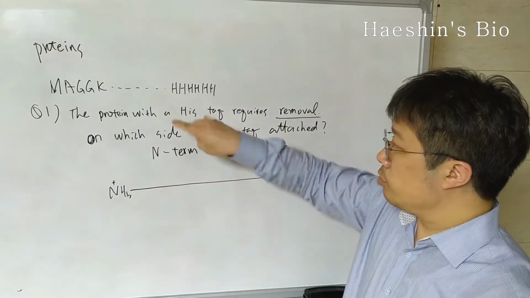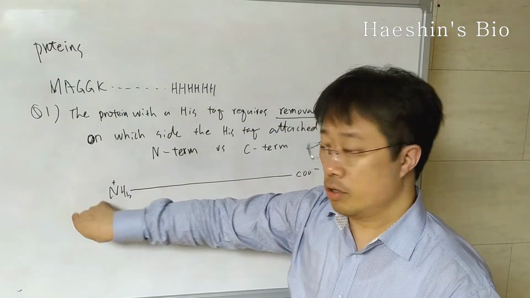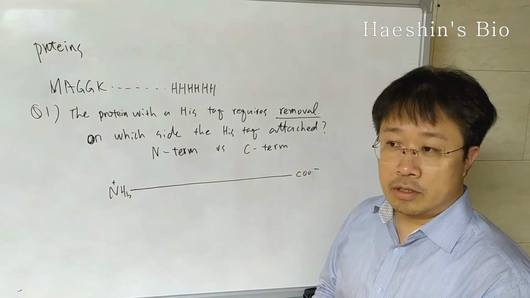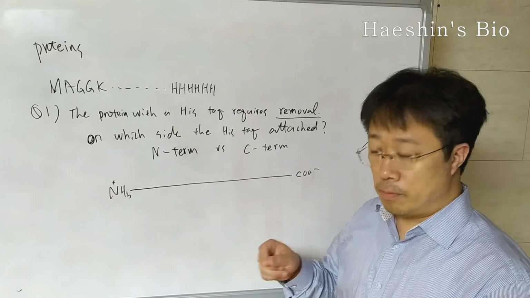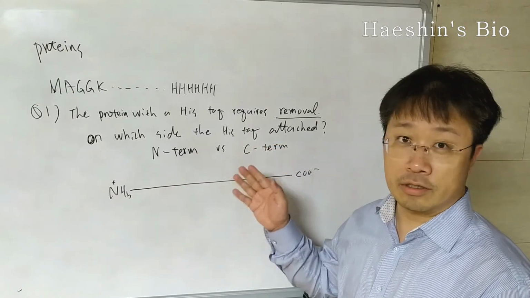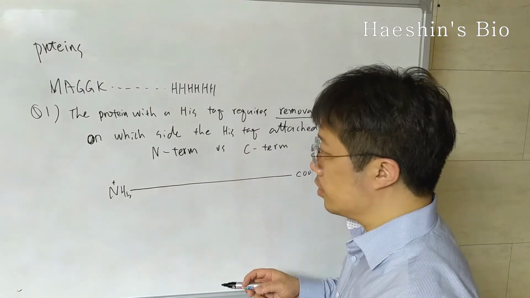Then where do you attach this histidine tag? On here, or here, for the engineering aspect. So right now, the information I give you is not enough for you to answer this question. That's why I'm using the second topic to explain this.